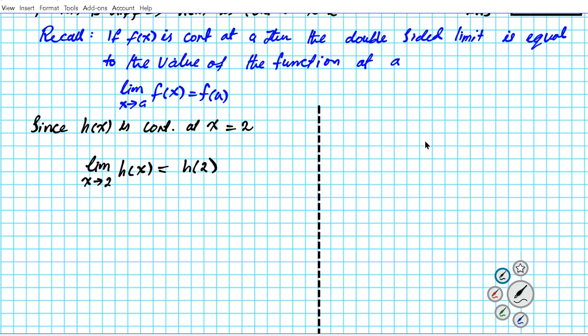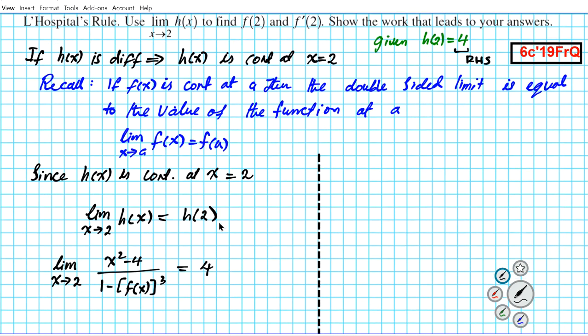Using this equation that results from the continuity of h, it gives us the limit as x approaches 2 of whatever h of x is, which is x squared minus 4 divided by 1 minus f of x raised to the third power, equal to h of 2, which is given to us as 4. Remember what we're looking for: f of 2.